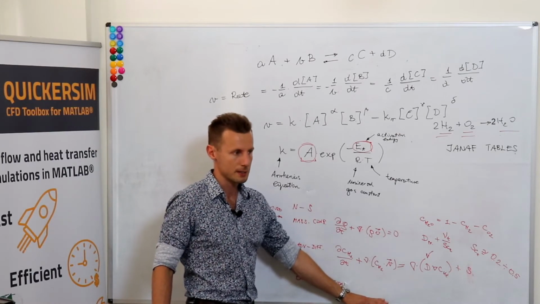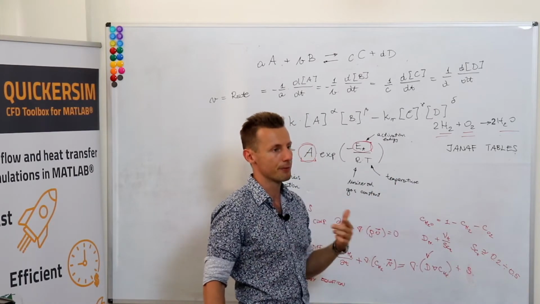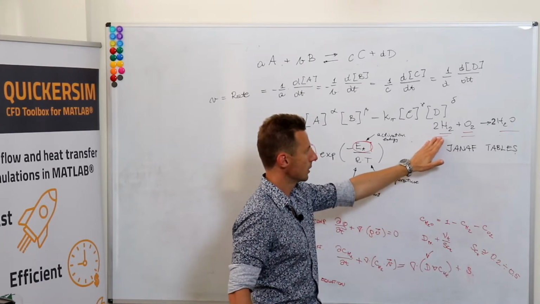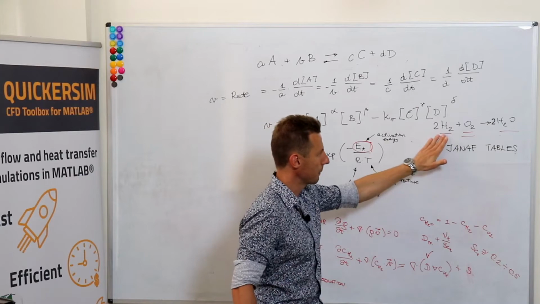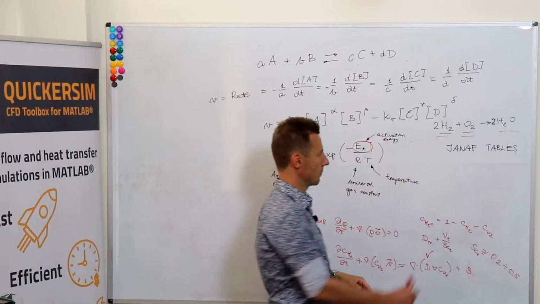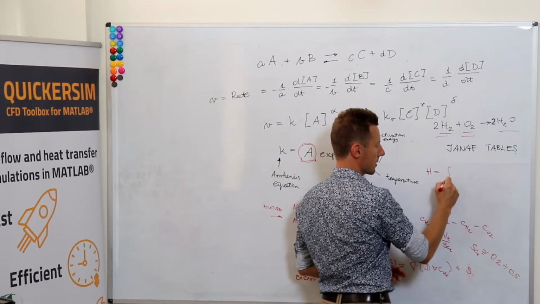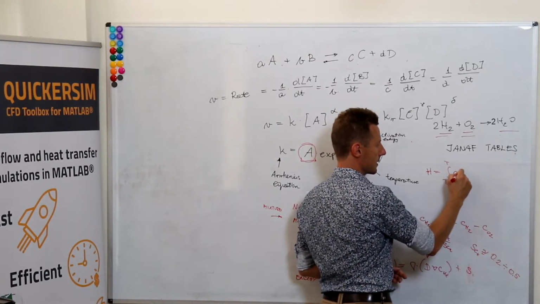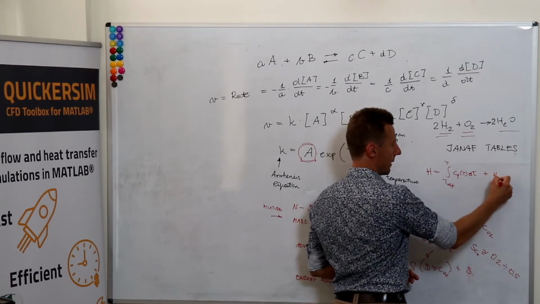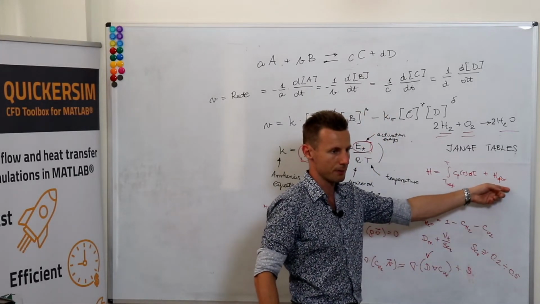Why is it? It's because if you properly define the enthalpy of each of the components, then the enthalpy of each component should include the chemical energy of the bonds plus thermal energy. So basically something like T reference times Cp, plus some enthalpy of formation, which already includes the energy in the bonds.